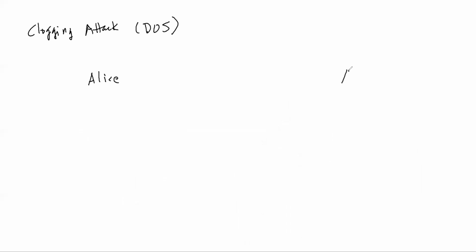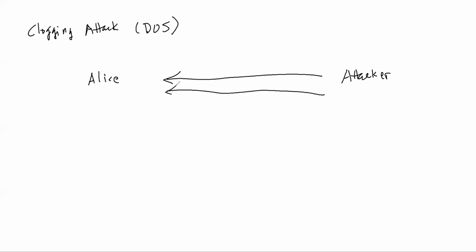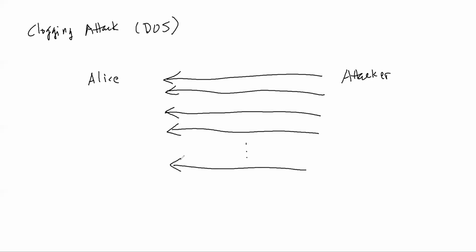Let's say this is the attacker. So the attacker will simply send a lot of requests, right? A lot of them. A lot of requests to Alice and ask Alice to compute.